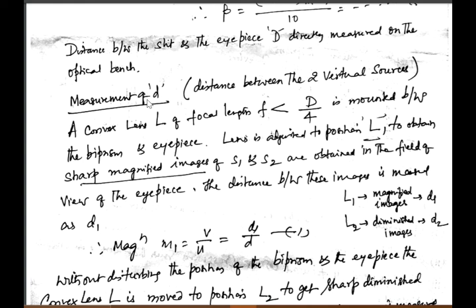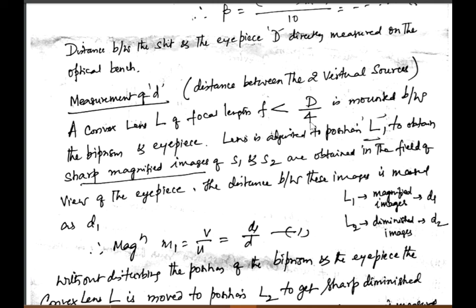Now, this is the procedure to find small d. A convex lens L of focal length f, which is less than capital D by 4. Remember, capital D is the distance of the eyepiece from the plane of the slit. Suppose if it is 80 centimeter, divided by 4 means 20 centimeter. You should use a convex lens whose focal length is less than D by 4.